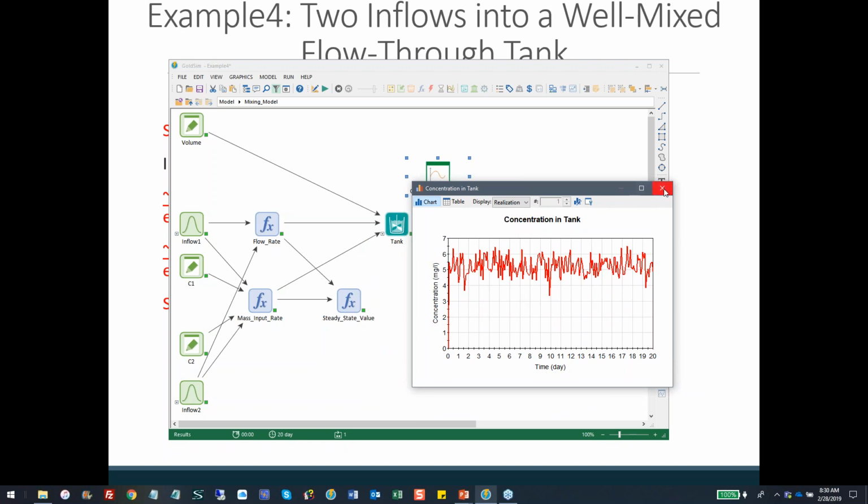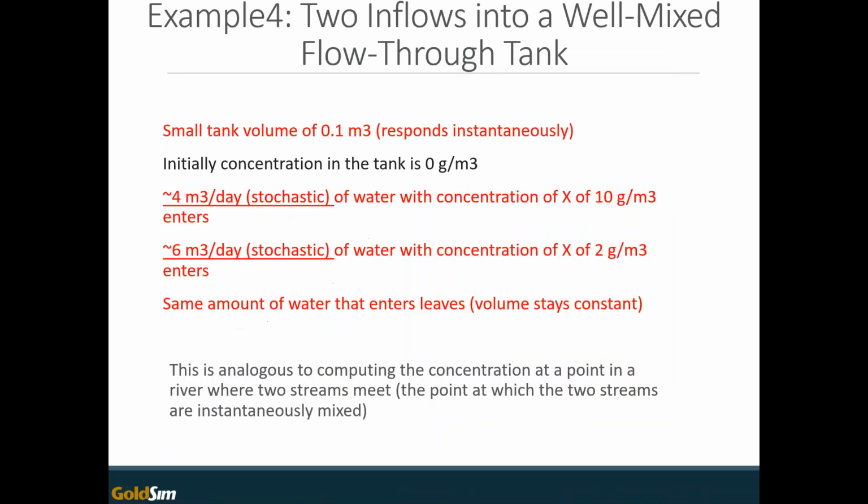So what does this represent physically? Well, the way you should think about this is analogous to computing the concentration at a point in a river where two streams meet. Right? If you had two streams coming in at this flow rate and this concentration and this flow rate and this concentration, and you wanted to know what happened immediately downstream of where those mixed, this is how you would simulate that system.